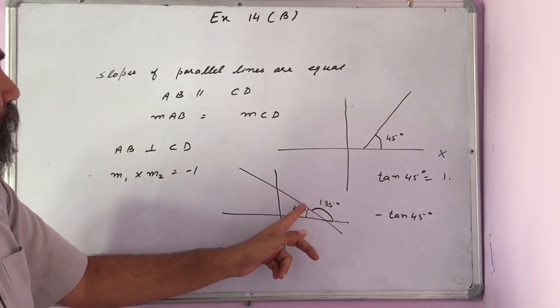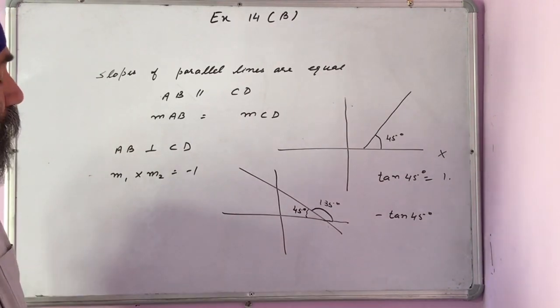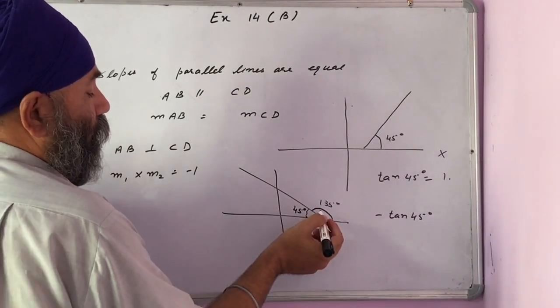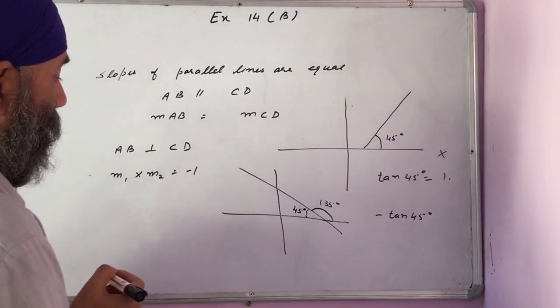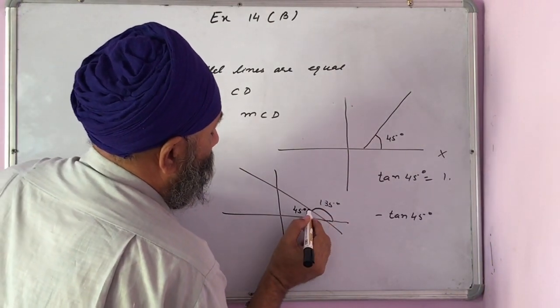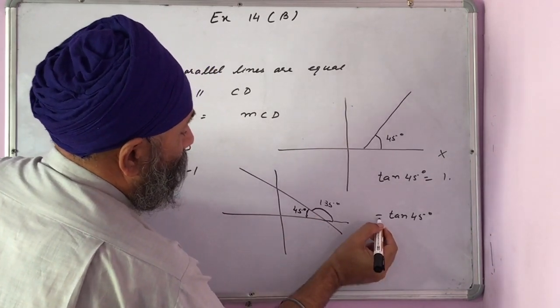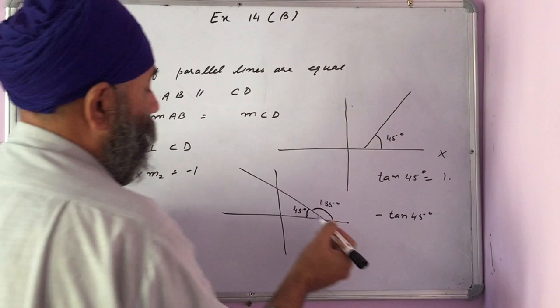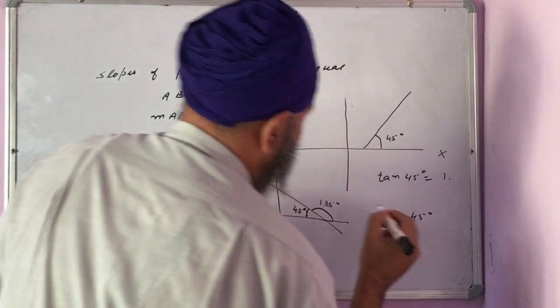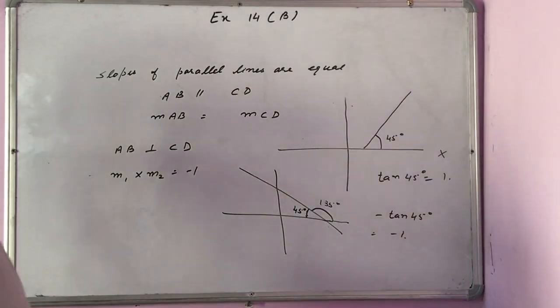Then I find angle with the negative side and put negative sign here. Slope is always with the positive side of x-axis. But if I don't know the value, then I find with the negative side and put the negative sign. Then slope will become minus 1. So these things we should keep in mind.